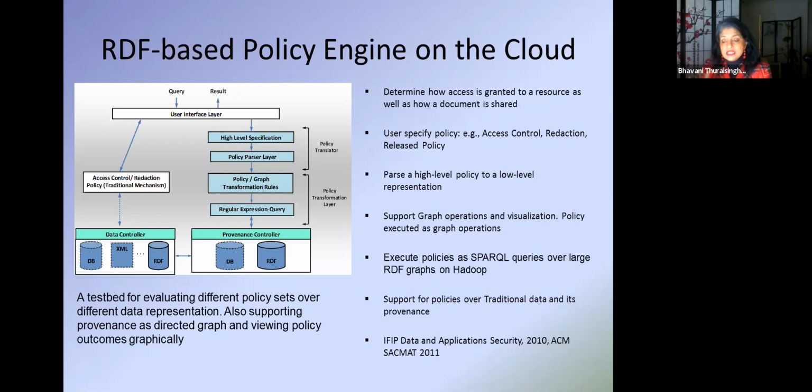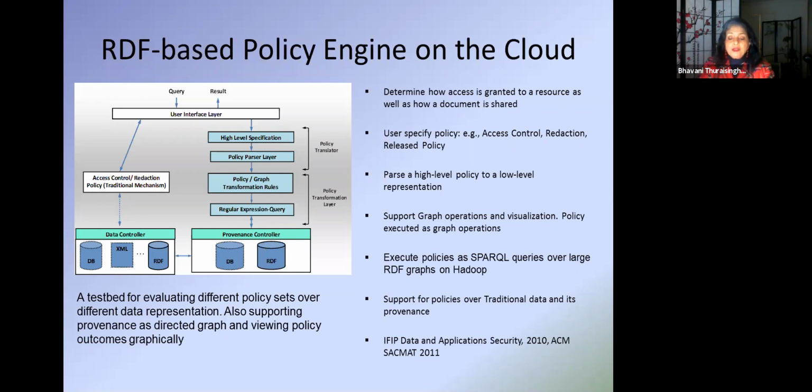So what Dr. Tyrone and Dr. Vaibhav did was to take the RDF-based policy engine and re-implement it, because you've got to take advantage of the cloud. That doesn't mean you have to implement line by line. You take modules and re-implement and try to fit it in the cloud, take advantage of the cloud data storage and all of the various Hadoop distributed file system and MapReduce programming.